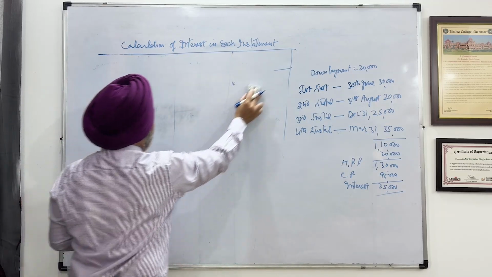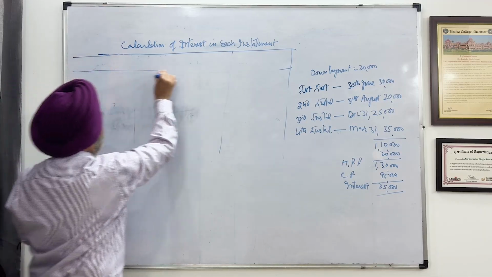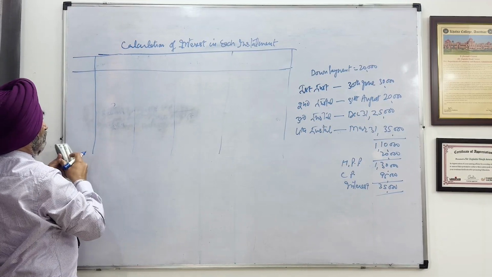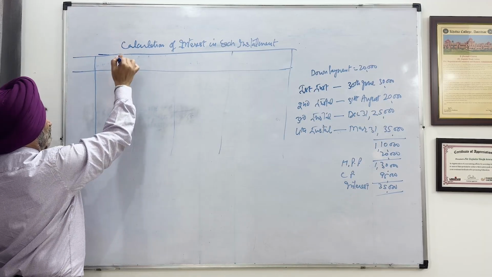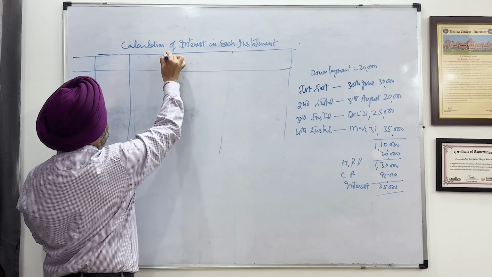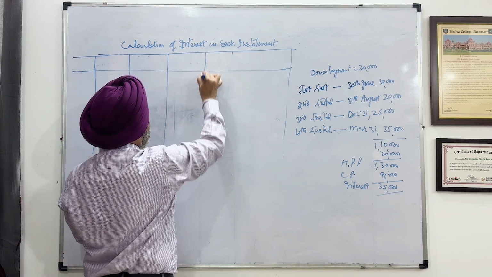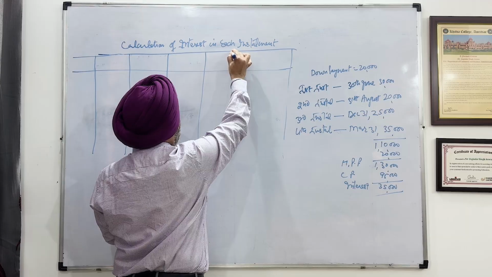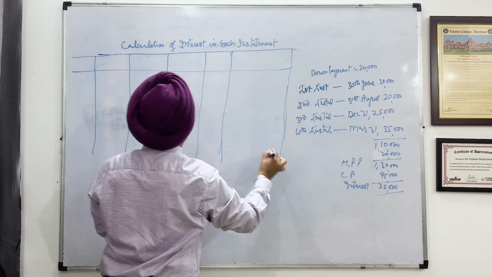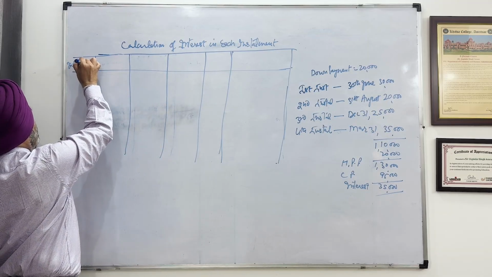This is the installment number, this is the total hire purchase price due, this is the tenure, this is the product, this is the ratio, and this is the interest. So this is the installment number.